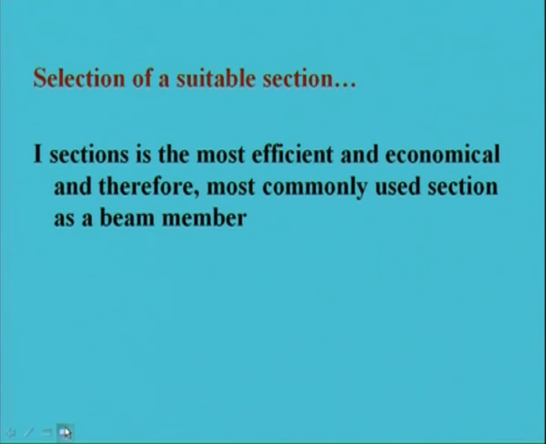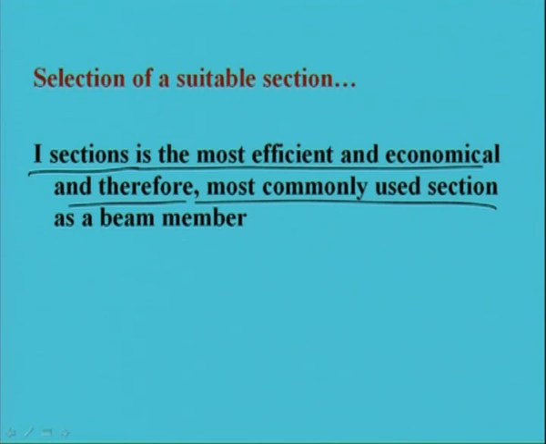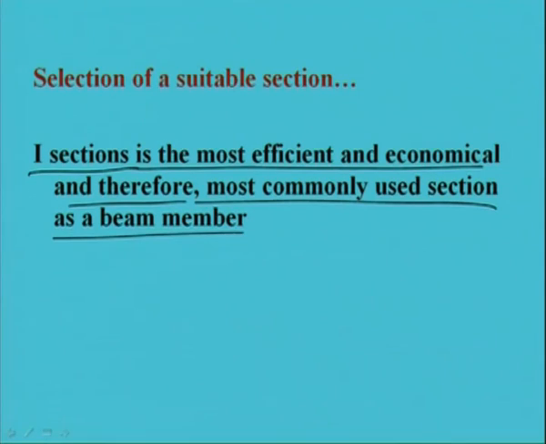So, these are the limitations observed in the case of angle, channel and T sections, and it is also observed that the I section is the most efficient and economical, and therefore the most commonly used section as a beam member. Why?